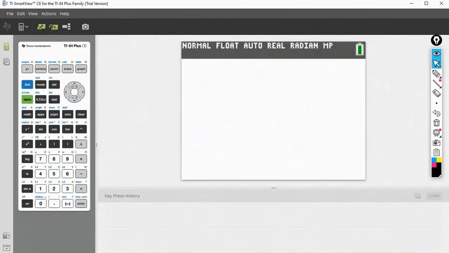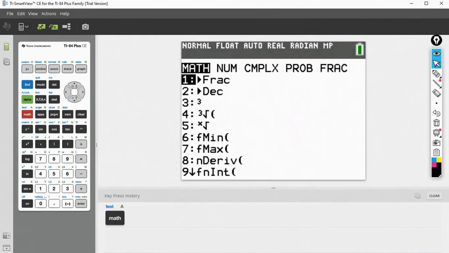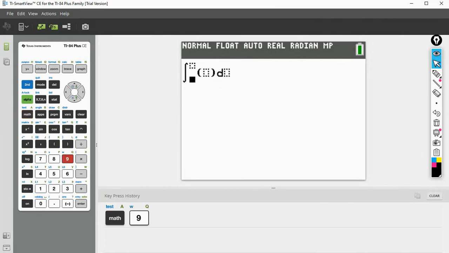Okay, so here we are with the graphing display calculator. And for integrals, we need to use the math function here, and then option number 9, which is finite integration. So we click on number 9, and it takes us to this screen. So we said the interval is from -1 to 2.